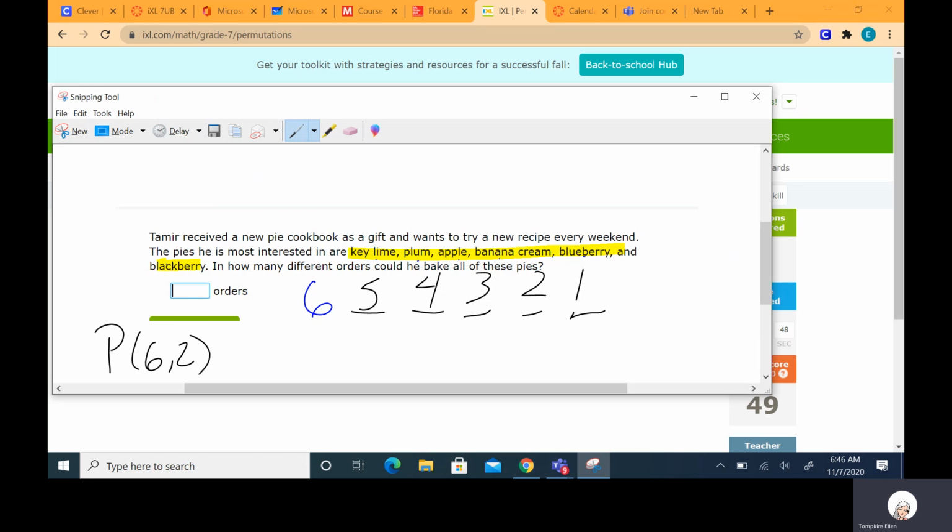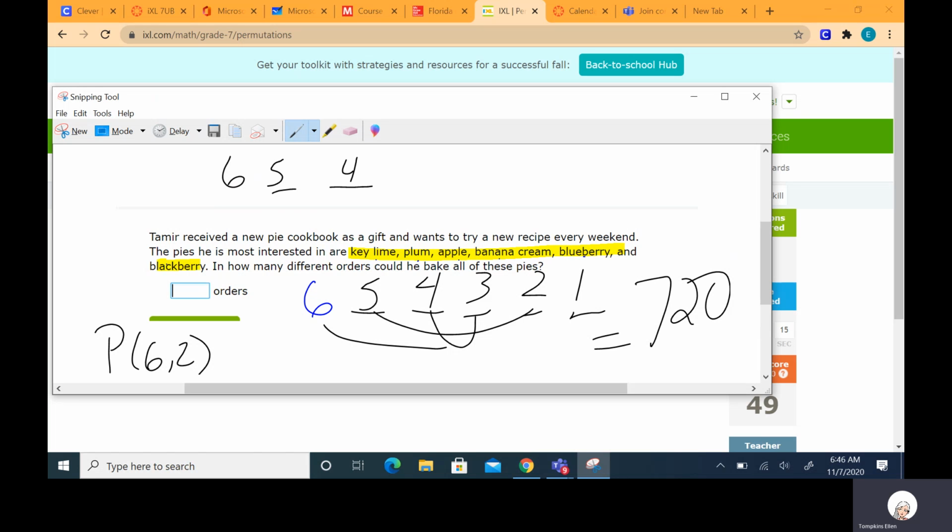So you're going to have, multiplying all these together, well, let's do this. 10, that makes my life easy. 12 times 6 is 72. 72 times 10 would be 720. That's the total. But if I only needed that 6, 2, it would be 6, 5, 4. You would get 30 times 4, which would be 120.